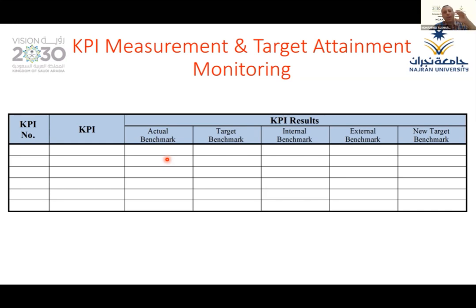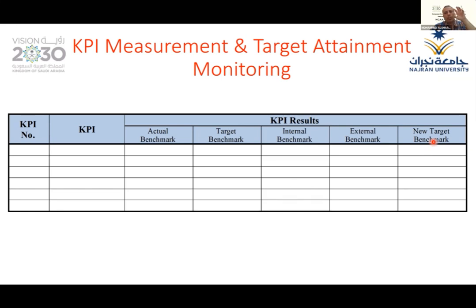Or for example, if the target benchmark was 1 to 5, for example publications 1 to 5, this is the target. The actual that we collected was less, 1 to 2. We didn't achieve our target. The new target benchmark should be the same old target, because we still did not achieve it. So one of the questions for sure in this session will be how you define your new target benchmark.